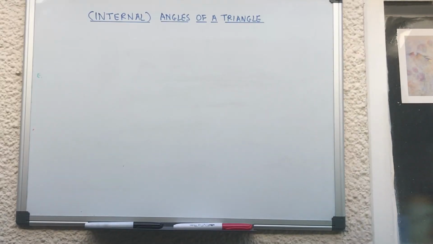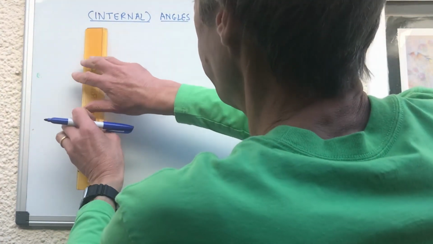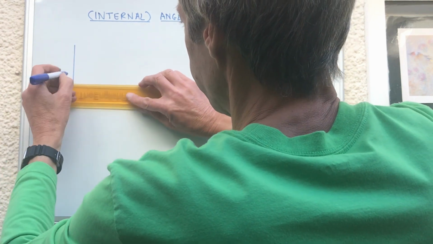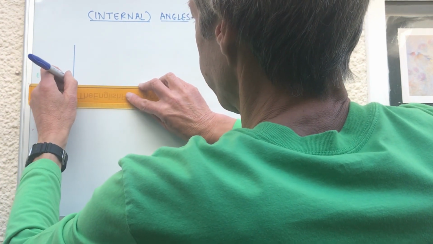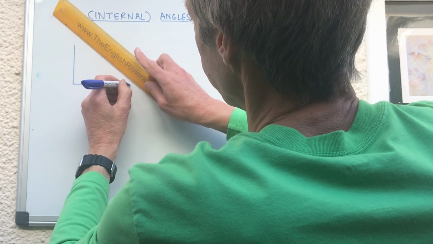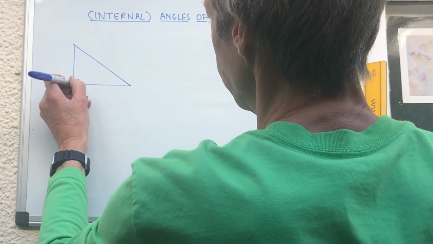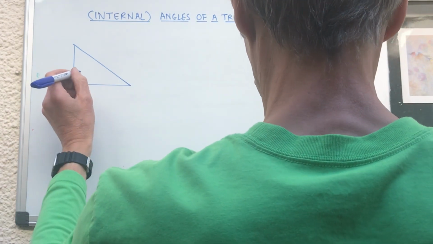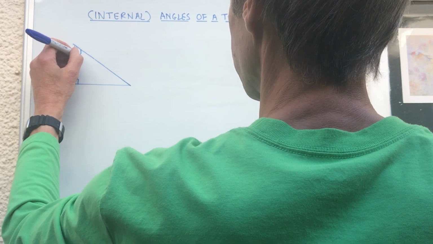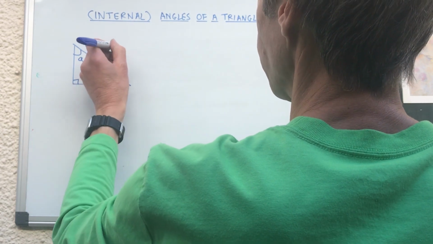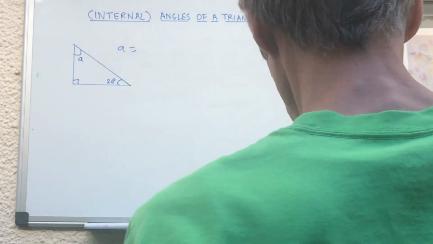So test questions on the internal angles of a triangle. So what if we had the following triangle? So we want to know what A would equal on this one.